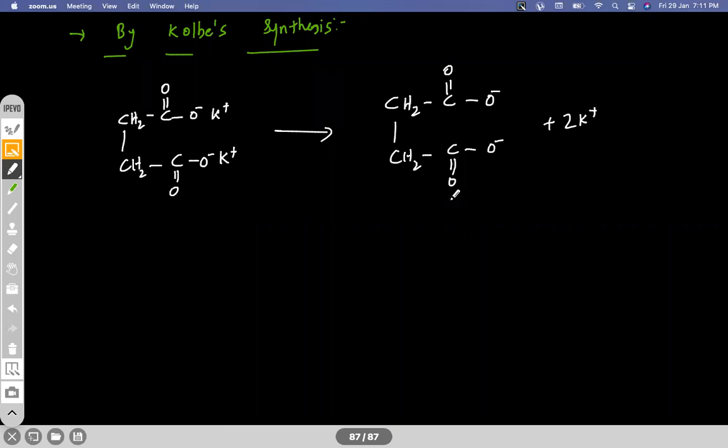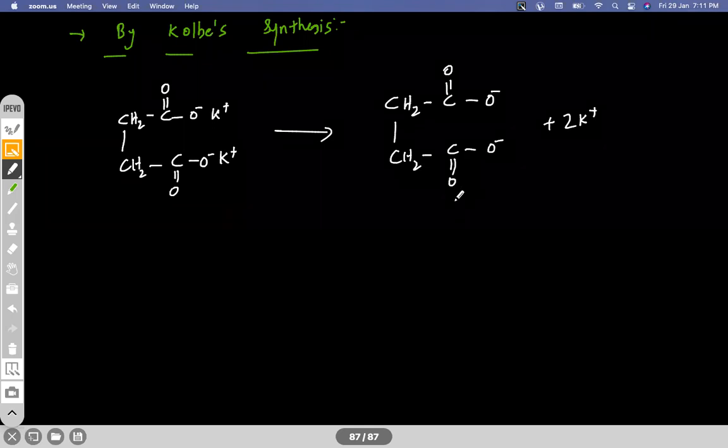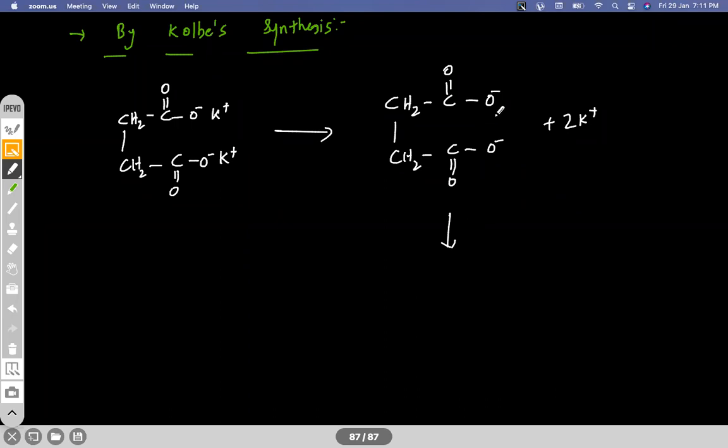Now from this, oxygen releases 2 electrons and we get a radical over here. It goes this way: CH2, C double bond O, oxygen radical, CH2, C double bond O, oxygen radical, plus 2 electrons.